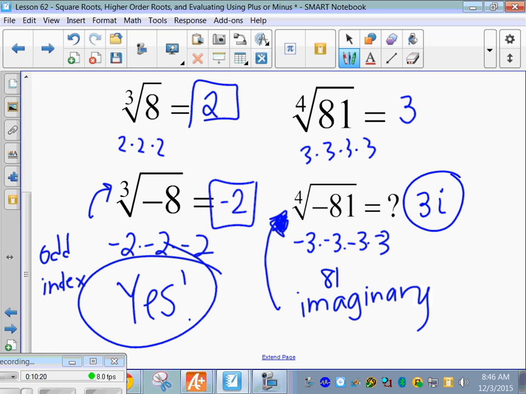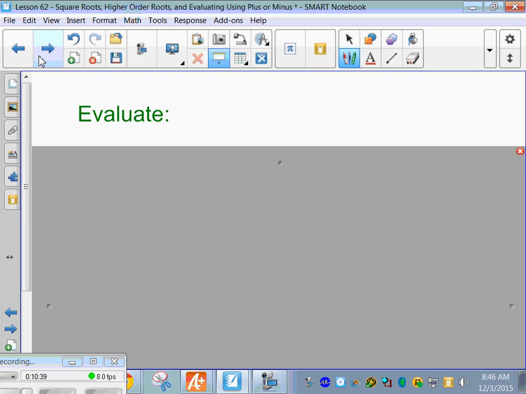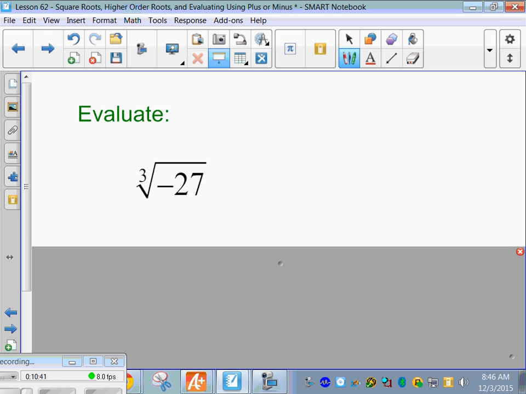You don't have to do that. For now, you're going to say it's not possible. There's no real solution because it's not a real number. So anytime the index is even, say I'm doing the square root of -9. Not possible, because -3 times -3 is positive. But eventually, you will learn that this is 3i. Okay. Here we go. Evaluate. Let's try some more.